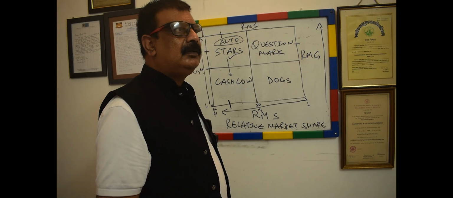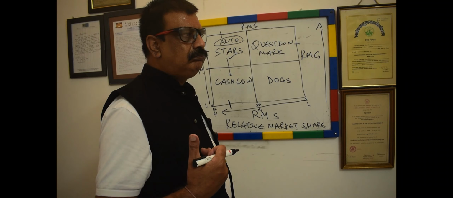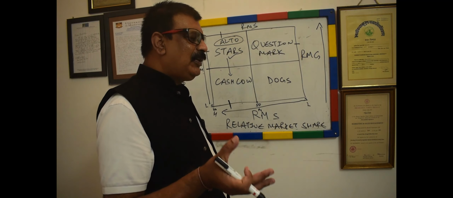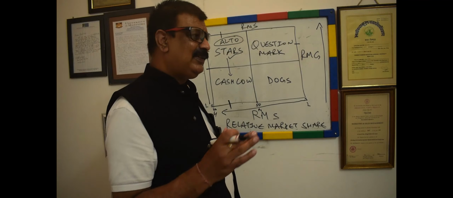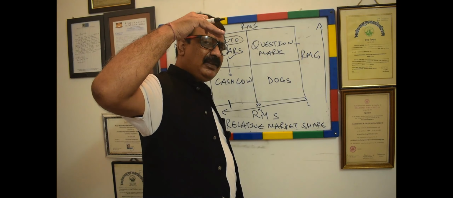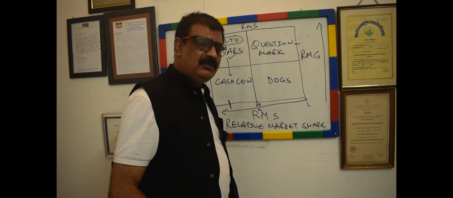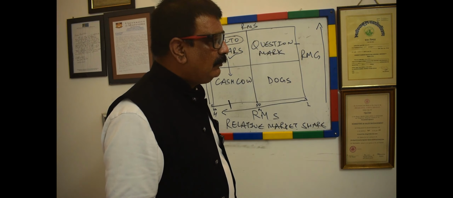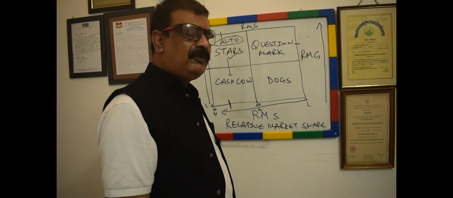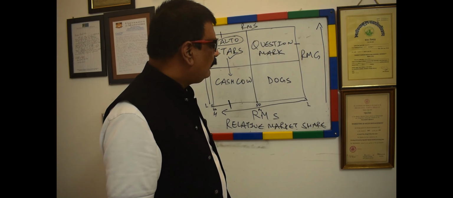Now what happened? People, I don't know why, because the style of Chetak was such or the seat was such that the person sitting behind looked quite awkward, and nobody used to ride it. It was more of a family scooter kind of thing.